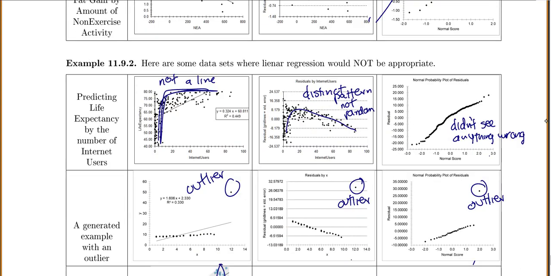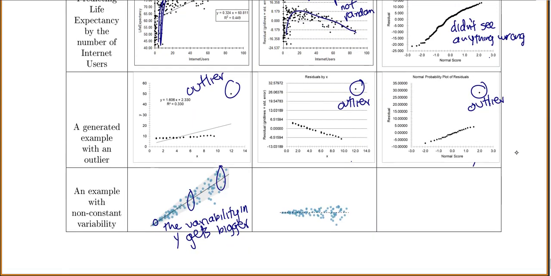It's not changing as noticeably as it is here. And then in my residuals plot, it looks like this and looks like this. So I start small and then I get bigger. So again, this is a pattern. Anytime you see distinct patterns in your residual plots, that's showing you that there's something wrong. And here my variability changed, so there's something wrong.